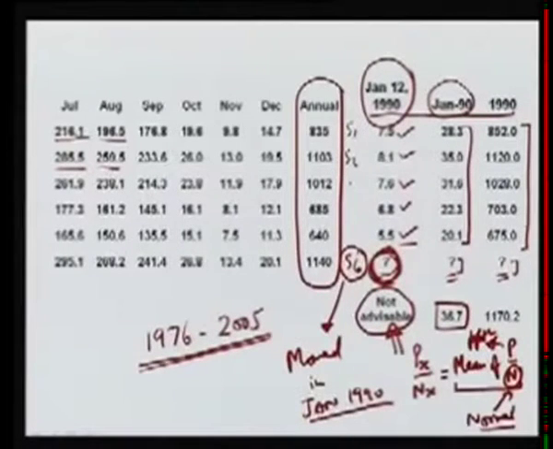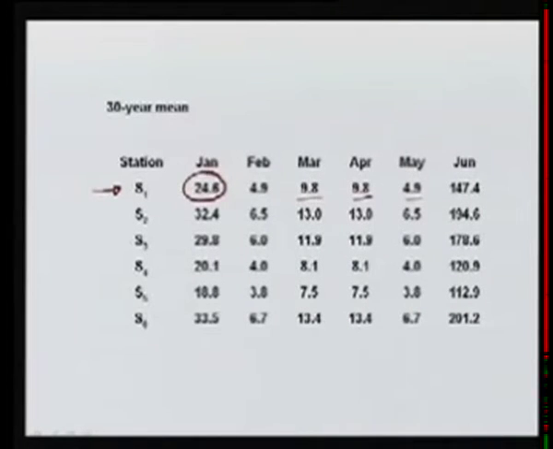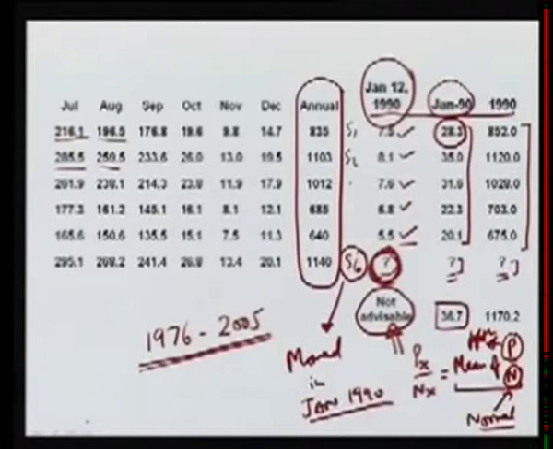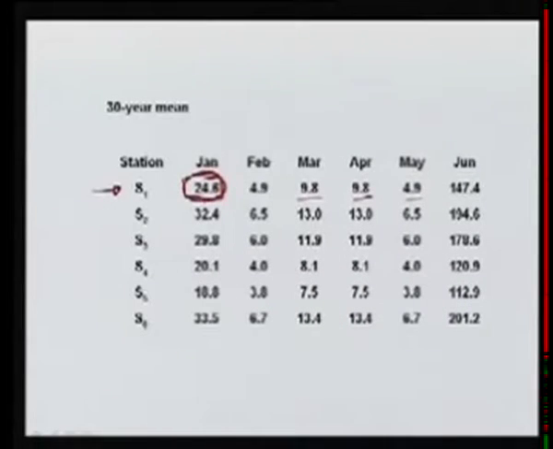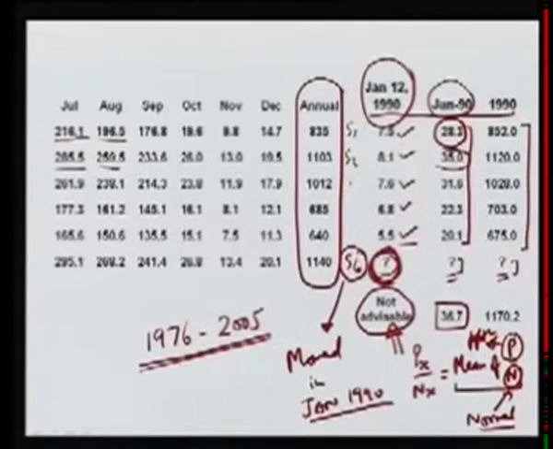So, for example, for January 1990, station S1 had a precipitation of 28.3, so that goes as P for S1. The normal, the 30-year mean for January, is 24.6 at station S1. So 28.3 divided by 24.6 will be the P by N value at station 1. Similarly, we get the P by N value at all the stations, S2, S3, S4 and S5.